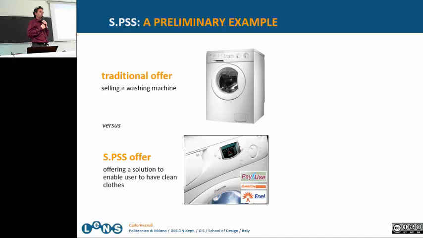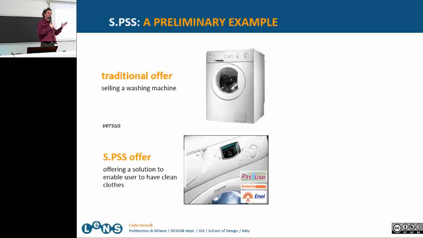But I start with a preliminary example. We have a traditional offer, selling a washing machine, okay? And we have an S.PSS, the acronym of Sustainable Product Service System, offering a solution to enable users to have clean clothes. This is a joint venture between Ariston and Enel.